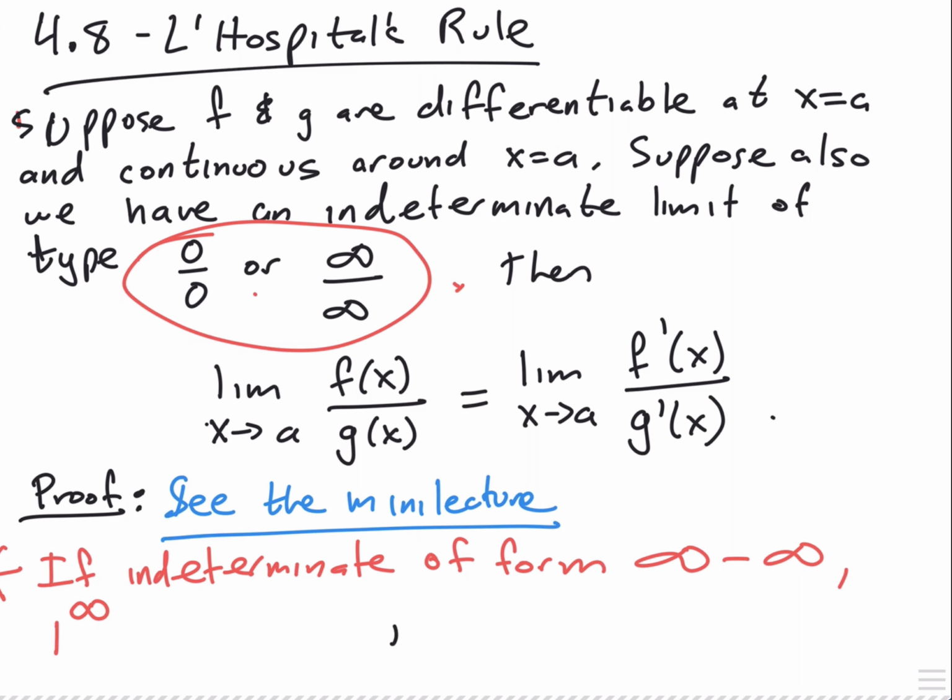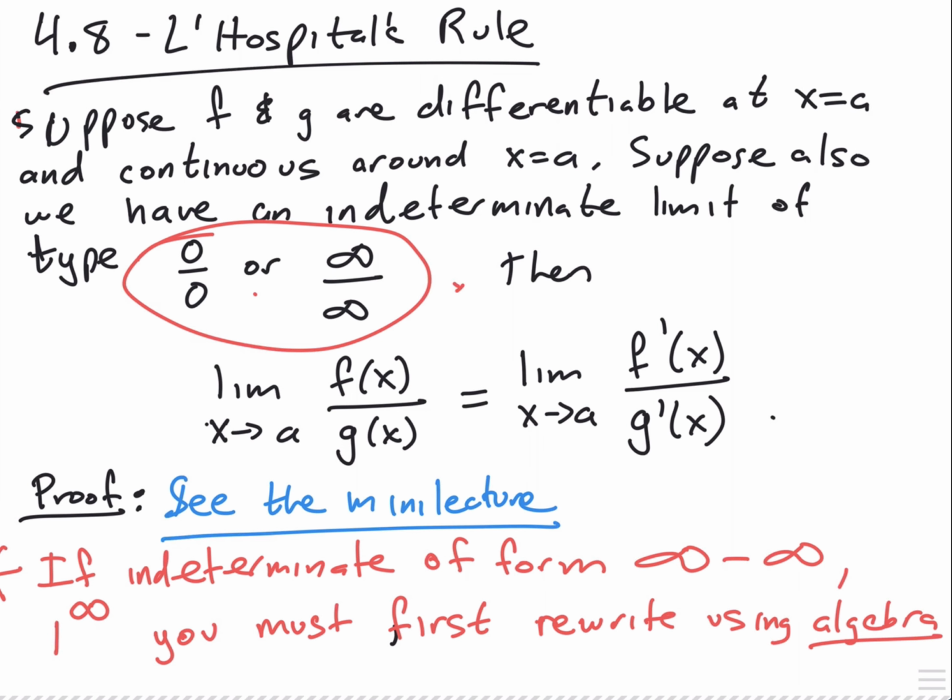There are other ones, but these are the main ones that we see. What does this mean? You must first rewrite using algebra. This is very important. You must first rewrite using some algebra.